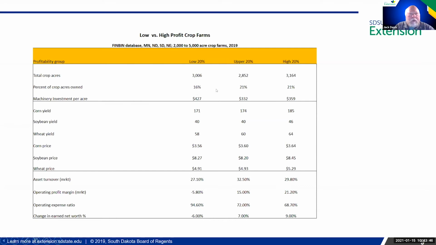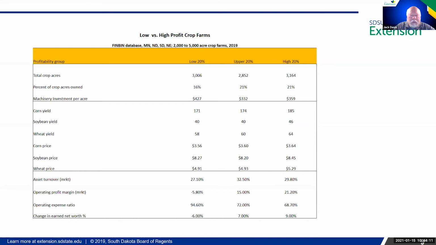The higher end owns a little more of it than the lower end. Yields this year were quite a bit better on the higher end. And price, they got about 10 cents more on the higher compared to the low.